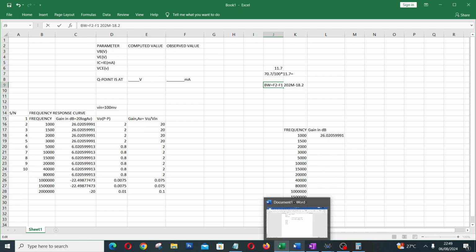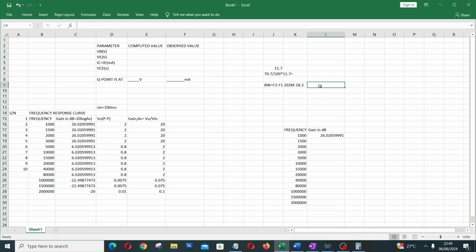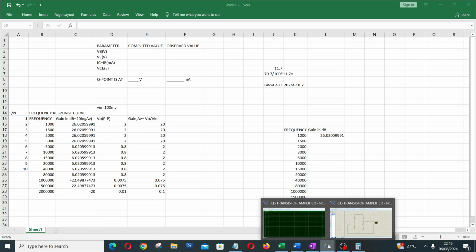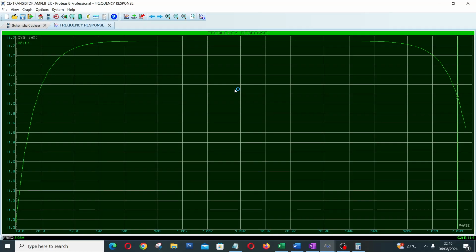When you do the subtraction, you get the value of your bandwidth. So that is how, in a very fast way, we work out the frequency response of an amplifier.